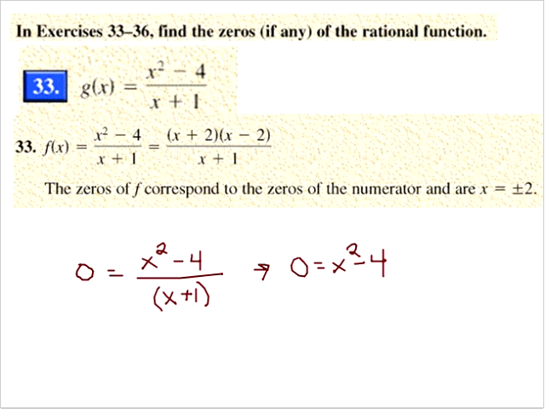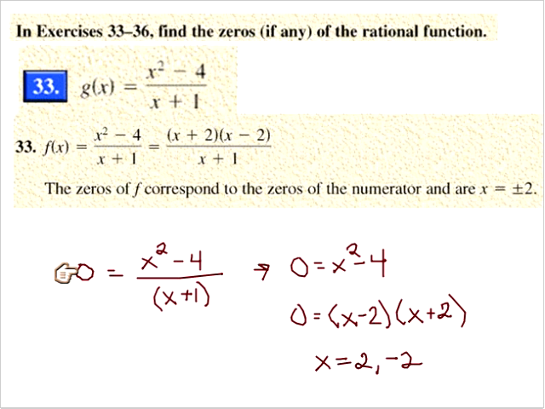We factor that. We get x minus 2, x plus 2. The two zeros are x equals 2 and negative 2. So a couple ways you can go about it. I actually prefer just setting it equal to 0 and solving. But that's up to you.